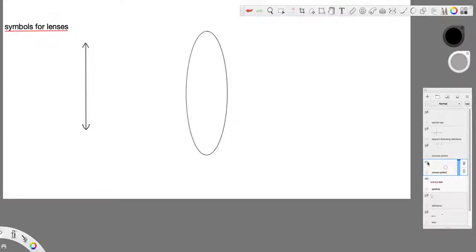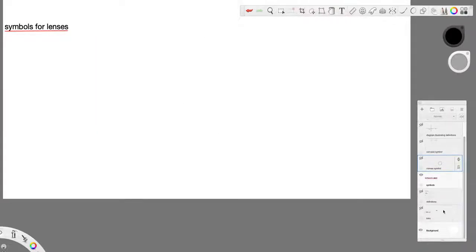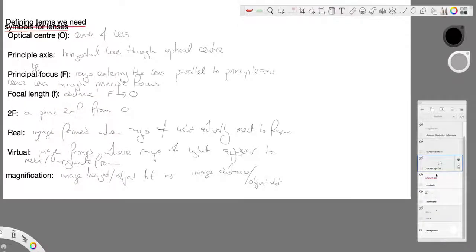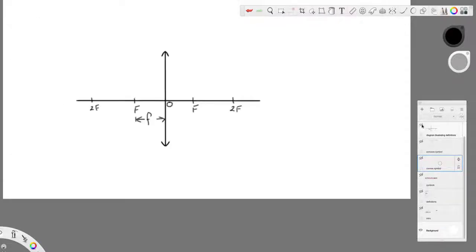So I talked about all these definitions here. Optical center, principal axis, principal focus, focal length, 2f, all of these things. Let's now look at a diagram to put all that together. So here I have, hopefully you can spot, a convex lens because I've got these arrows like this.